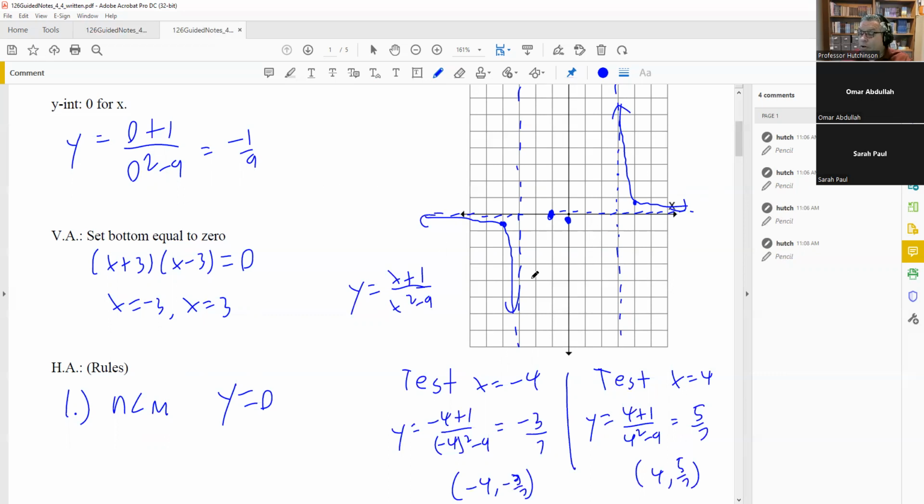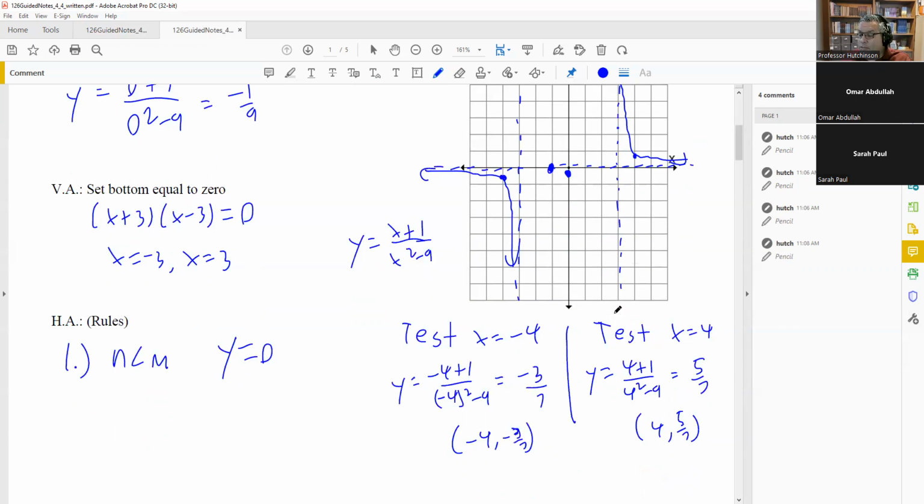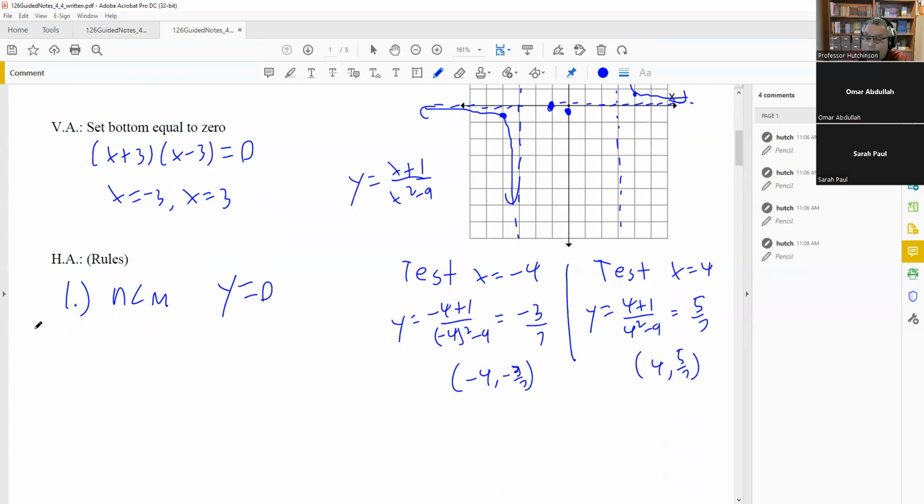Now, in the middle, between these, I'll just write this down below here, between two VAs, the graph is going to look like these four shapes. It's going to look like a U shape, an upside down U shape, a cube, or a negative cube.